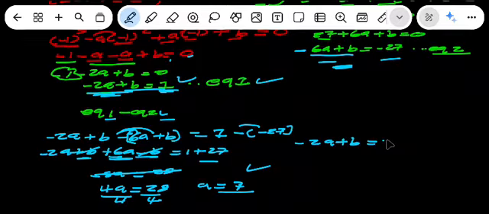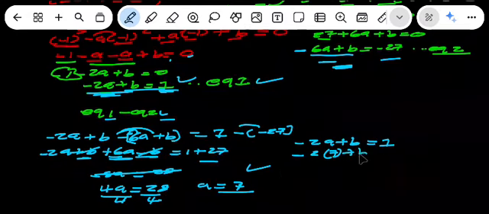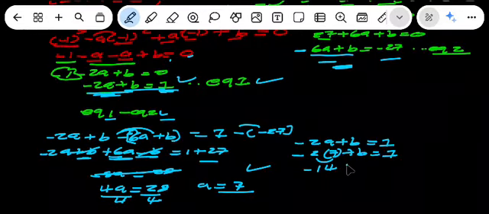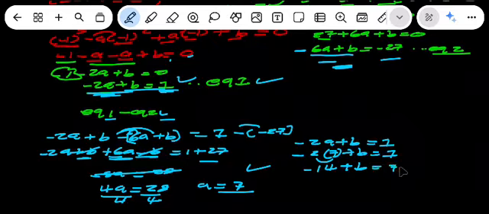This must be equals to 1. Then minus 2, I substitute 7 here, plus b. This must be equals to positive 1. Multiplying this, we know this will be minus 14 plus b. This must be equals to 7.